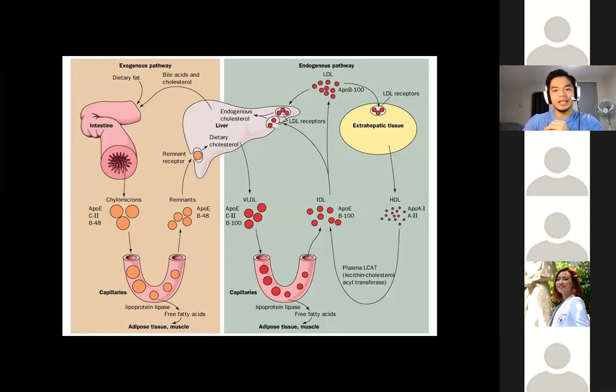VLDL. Next, what are the lipoproteins containing primarily triglycerides? So dalawa sila. Very good. We have chylomicrons and VLDL.